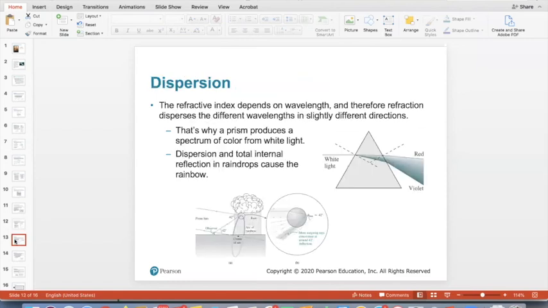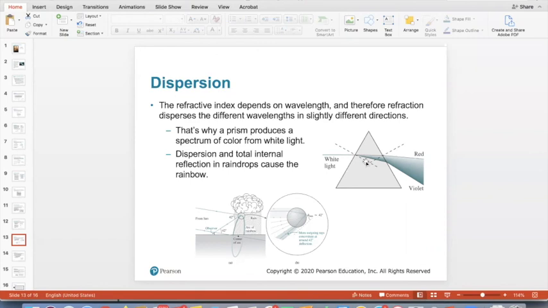Okay, now everything we've said is actually only for monochromatic light, light of one color. If you have light of different frequencies, different wavelengths, different colors, each frequency has its own different index of refraction. So if I have white light coming in, what actually happens is the light gets bent at a different angle for each different color.